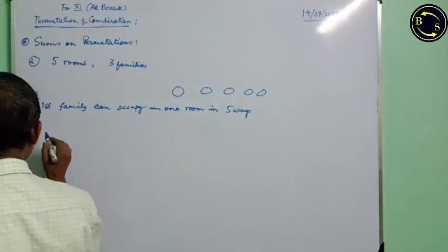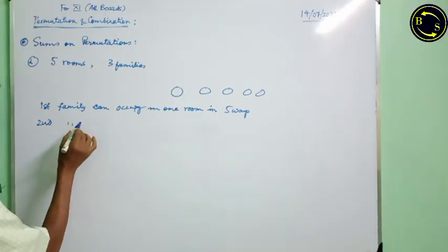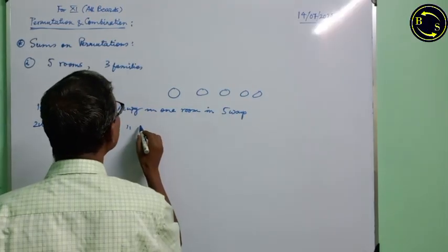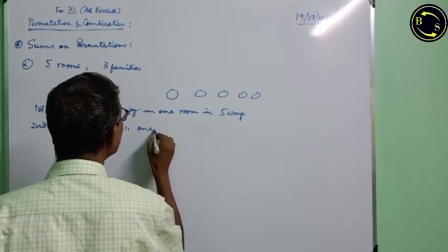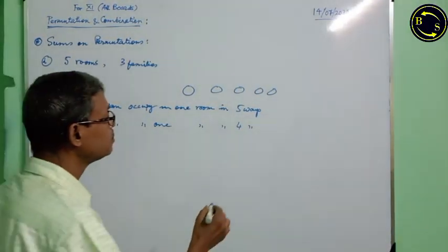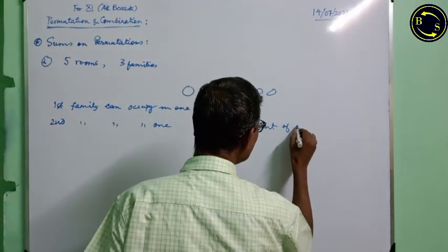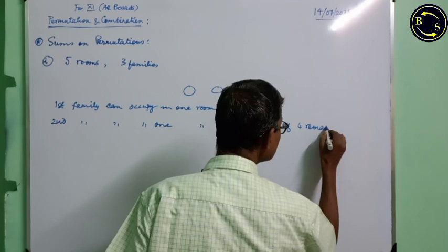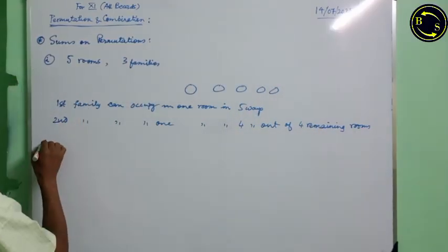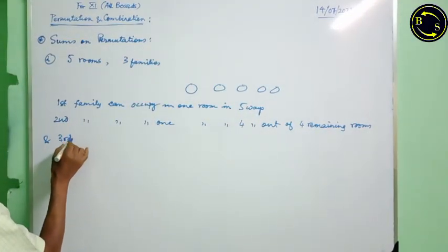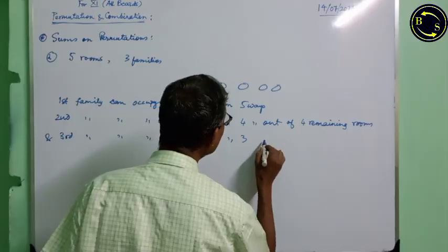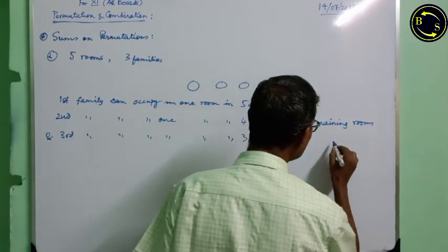Therefore, second family can occupy one room in 4 ways out of 4 remaining rooms, and third family can occupy one room in 3 ways out of 3 remaining rooms.